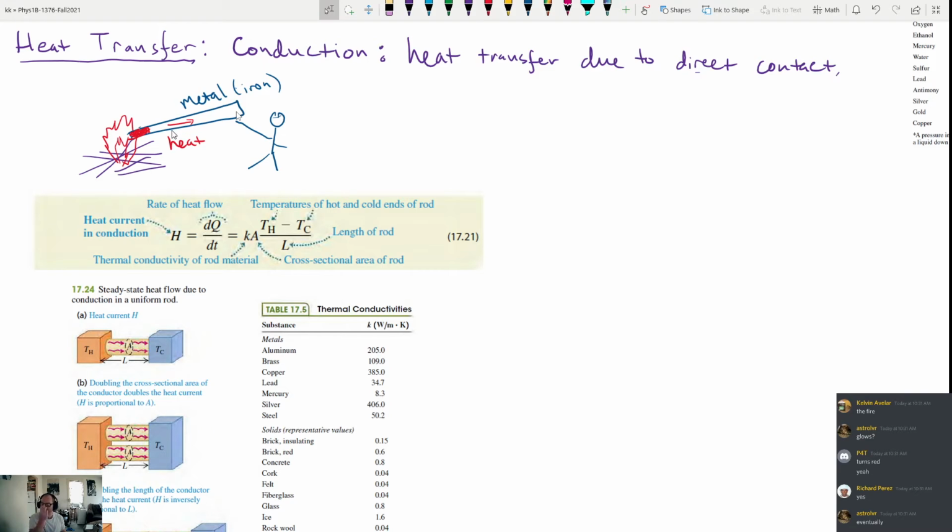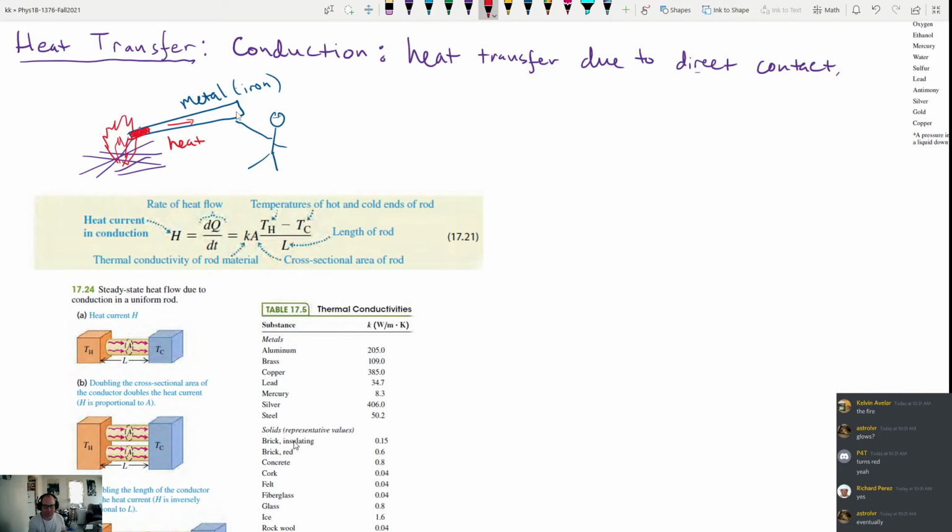So whether your hand actually gets hot is going to depend on the rate of heat flow. Is the heat going up the rod faster than the rate at which the rod is cooling due to the environment? That's what conduction allows us to figure out, and that's what this equation that we're going to look more into is going to tell us.